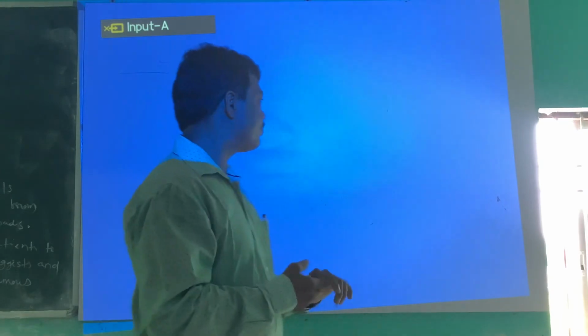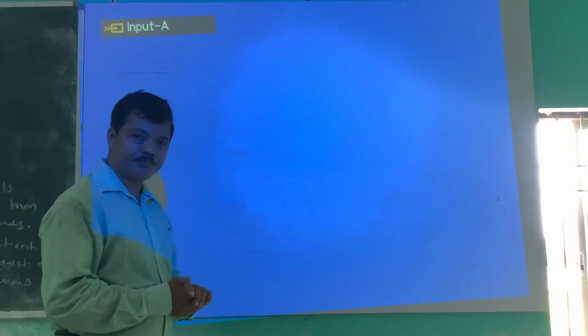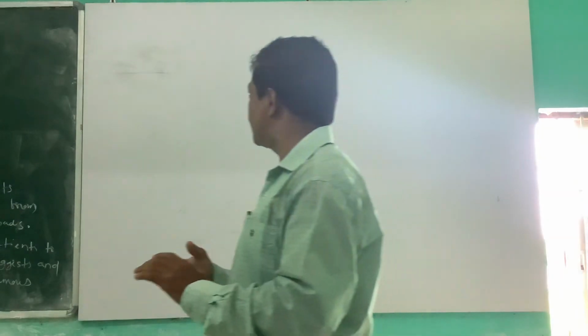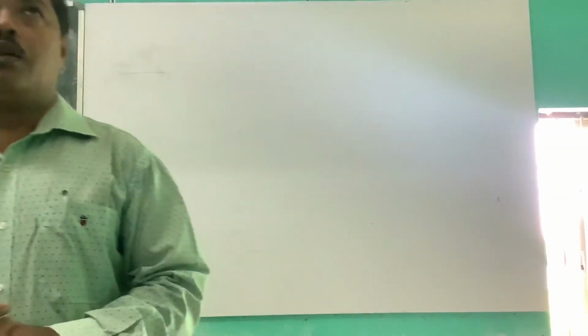Use the font tag, then type the three attributes what we have written, then close the tag using slash font. Let us start the computer again, due to interruption in power supply.